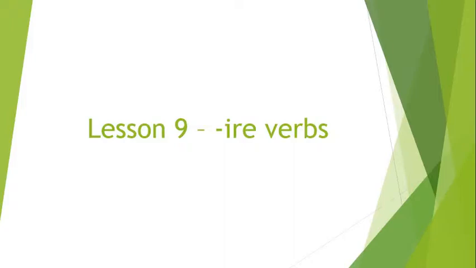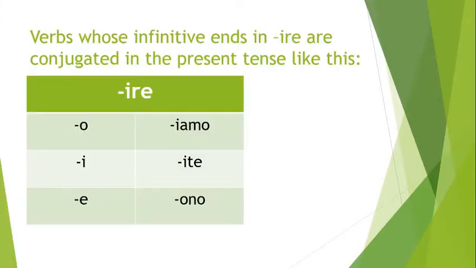So first, let's look at how you conjugate them when they're regular. A regular IRE verb conjugates like this: o, i, e, iamo, ite, ono. So as you can see, this is very similar to an ARE verb. The only difference really is the third person singular, right? It's e instead of a.